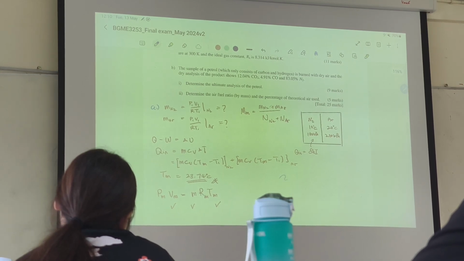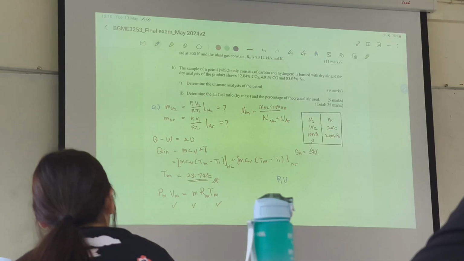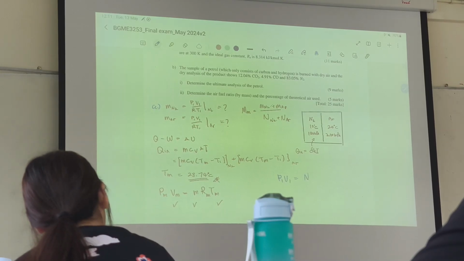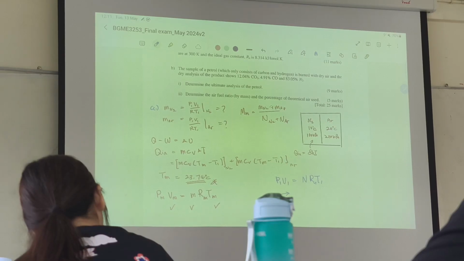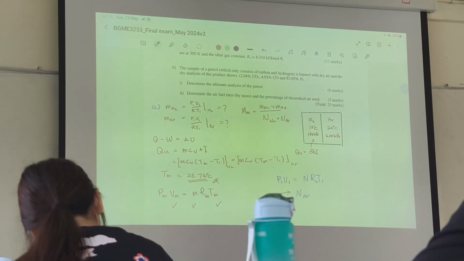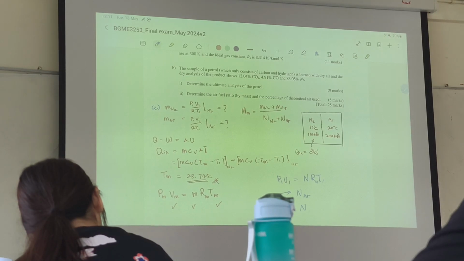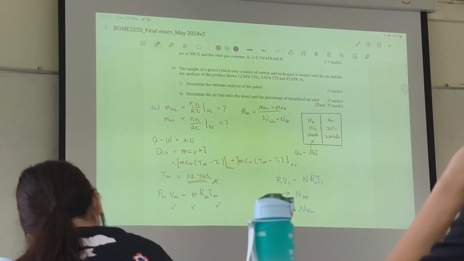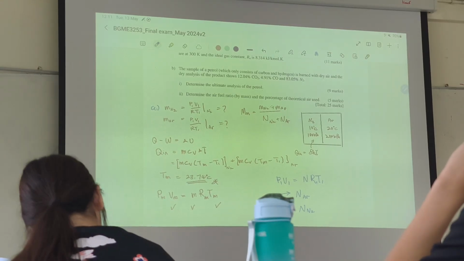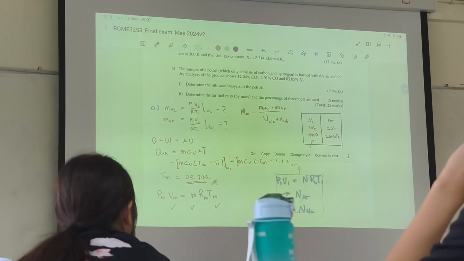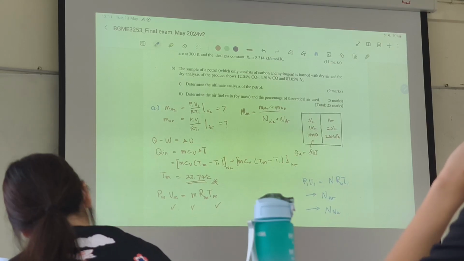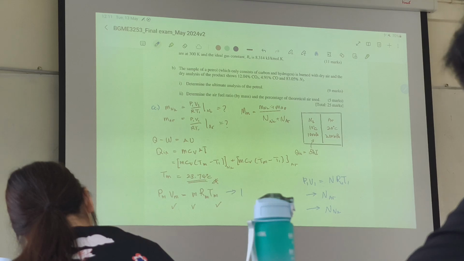So now we need to find the number of mole, right? So PV equals MRT has another version, PV equals nRT. Right? This one. So based on this, you can find NAR, you can find N2. So you can also use this version.